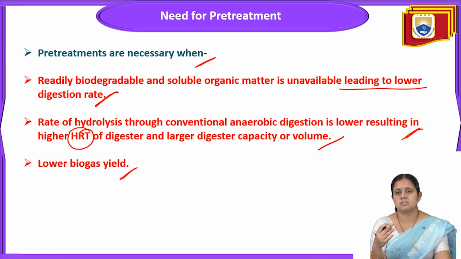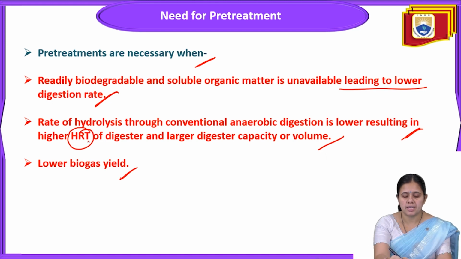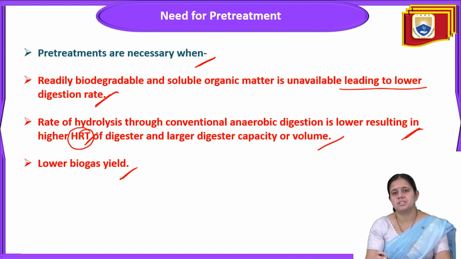The hydrolysis rate through the conventional anaerobic digestion method is lower, and that results in a high HRT, high hydraulic retention time of the digester, and the largest volume capacity digester. Next, it will lower the biogas yield. So these three are the important points. Because of that, pre-treatment is very much necessary and required.